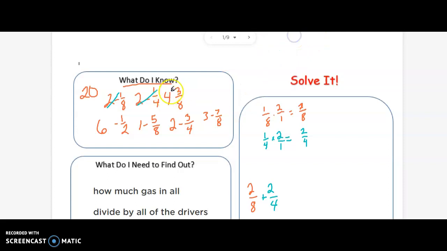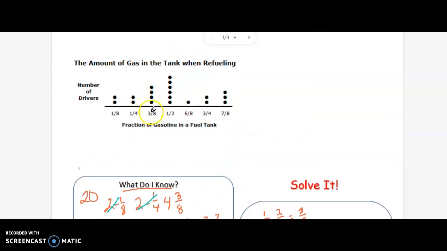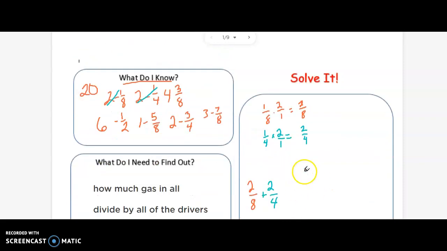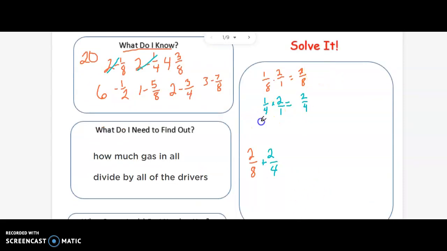Let me go with 4 of 3/8. If I'm not sure, I can go back up here and check 3/8, 1, 2, 3, 4. Yep. So I'm going to multiply 3/8 times 4, which is 4/1, which gives me 3 times 4 is 12, over 8 times 1 is 8. So I'm going to add that down here, 12/8.